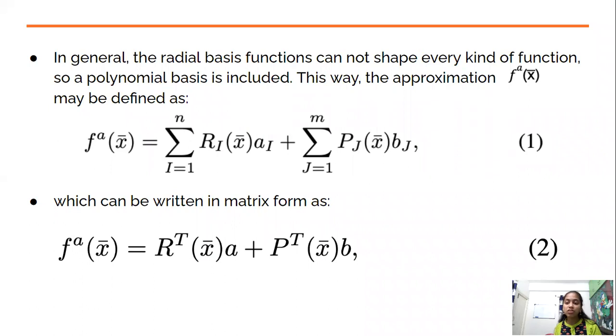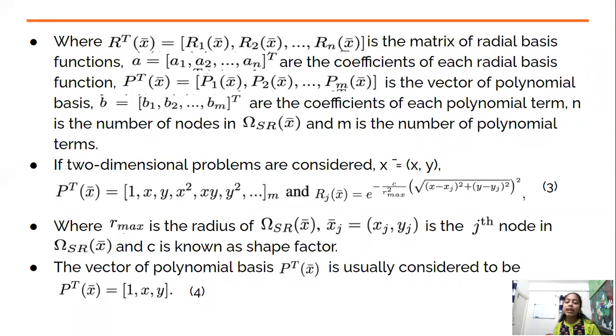This way, the approximation f tilde of x bar may be defined as f of x bar equals the summation i equals 1 to n of R i of x bar a i plus the summation j equals 1 to m of P j of x bar b j, which can also be written in matrix form as f of x bar equals R transpose of x bar a plus P transpose of x bar b. Where R transpose of x bar equals R1 x bar, R2 x bar, and so on till Rn x bar, is the matrix of radial basis functions.